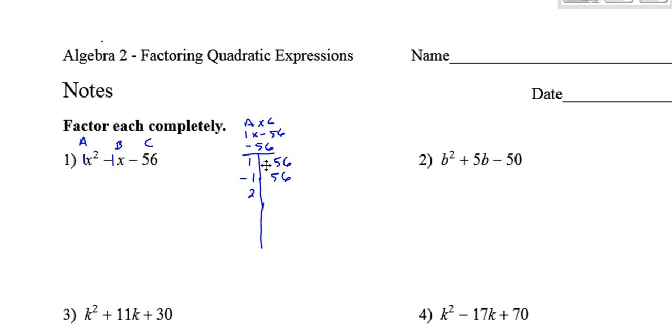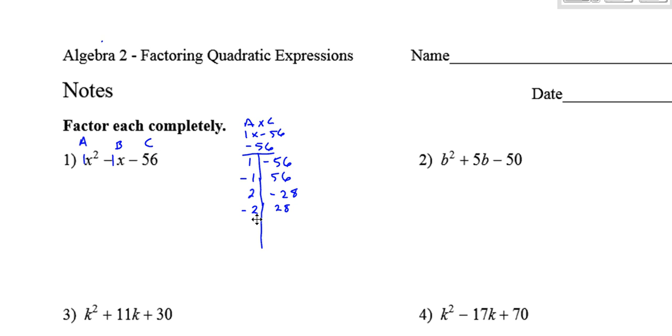Sometimes it's nice to have a calculator handy so that you can do division with the calculator and not have to try to remember all of your multiplication facts. You don't want to make a silly error. If you do 56 divided by 2, you get 28. So it's going to be 2 and negative 28, but that also means you have a negative 2 and a positive 28.